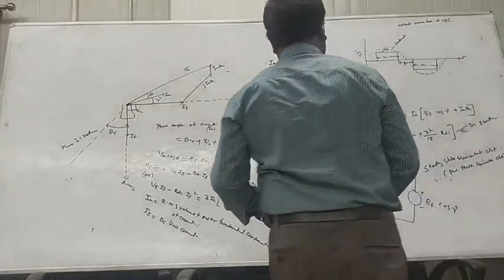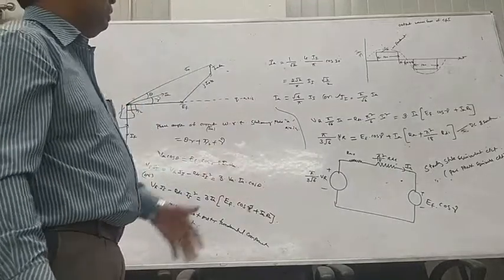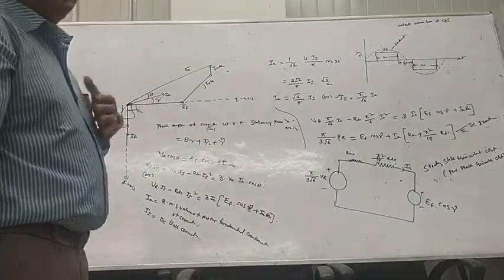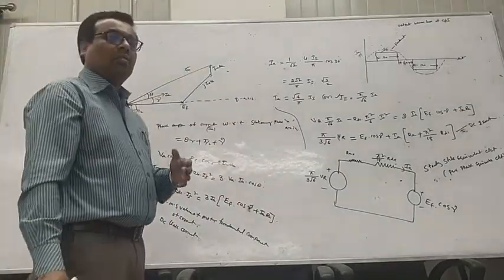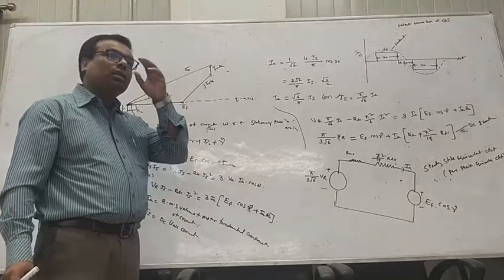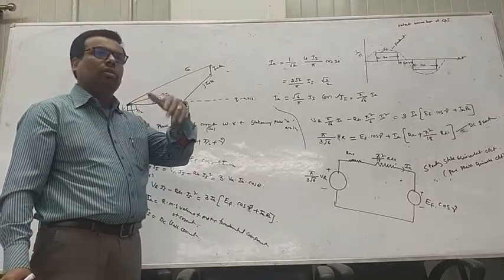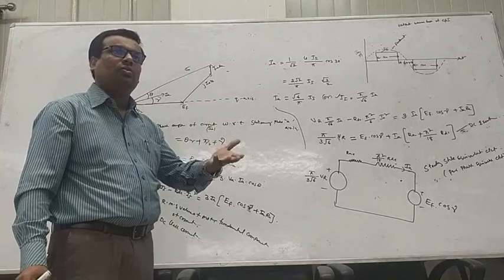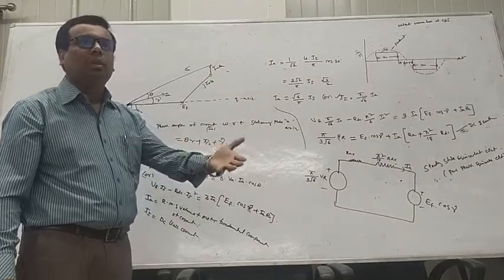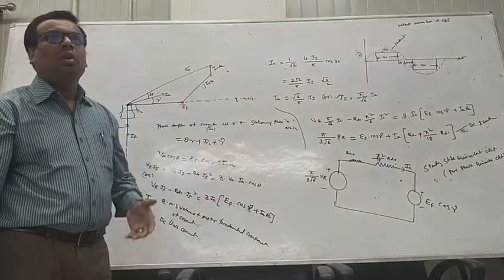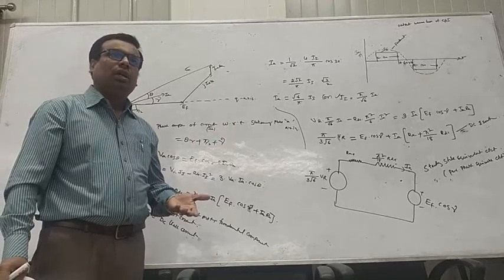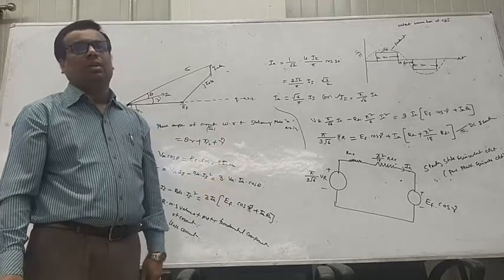From this steady state equation, my objective is to convert the synchronous motor parameters into DC motor parameters. So how to control a synchronous motor like a DC motor?